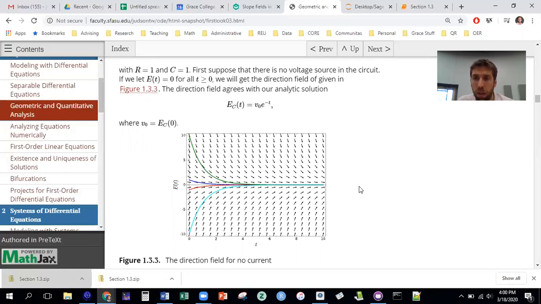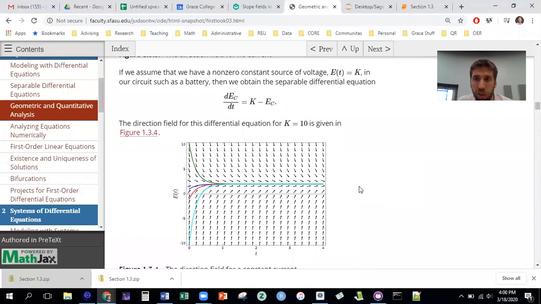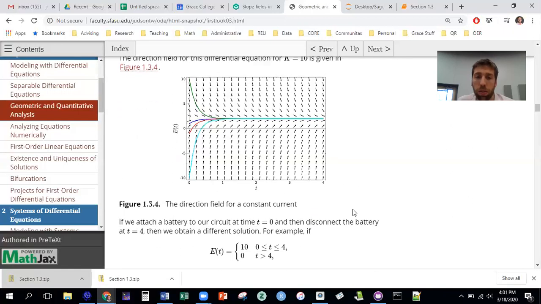Everything goes to 0 in that sort of circuit when you have no power source. Say you have a constant power source. Everything goes towards that power source. Now that's kind of interesting. The differential equations let us know how fast it goes to the power source by following those arrows.